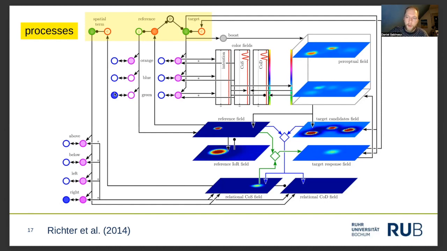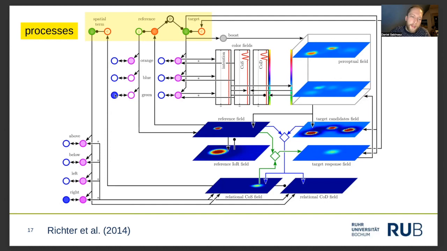So the blue nodes encode the reference color mentioned in the phrase. That's one input into the purple nodes. The other input is input from the reference process intention. And when these inputs coincide, the purple node forms a peak.